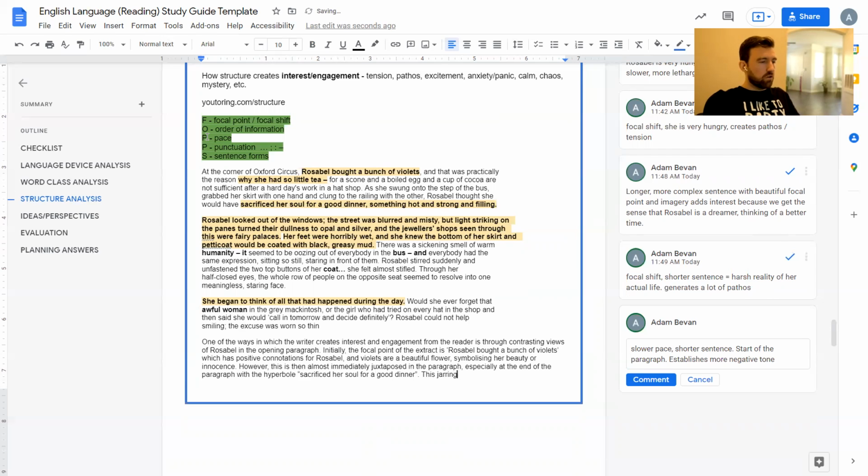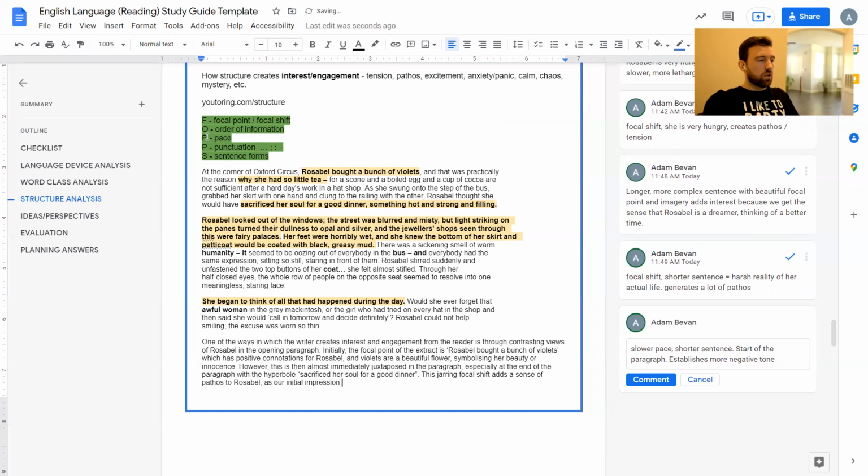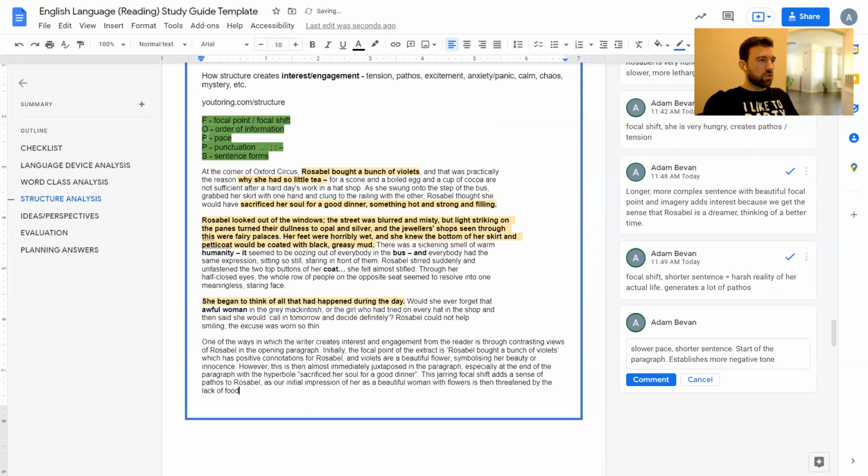This jarring focal shift adds a sense of pathos to Roosevelt as our initial impression of her as a beautiful woman with flowers is then threatened by the lack of food that she has received today.